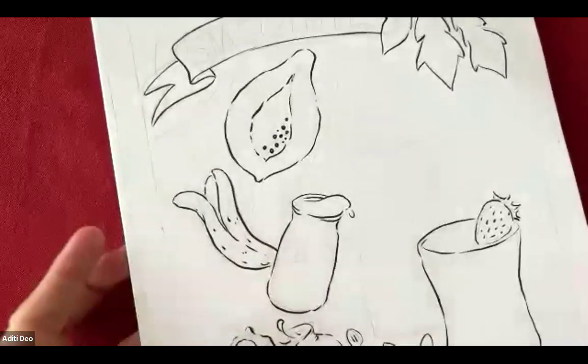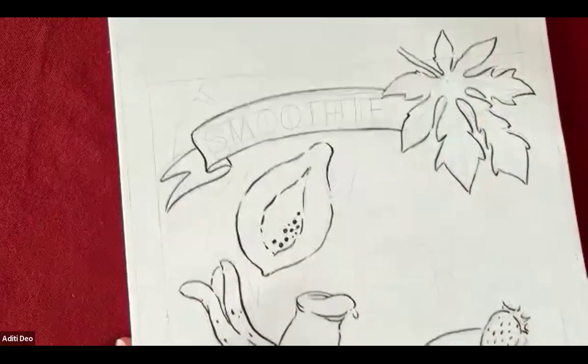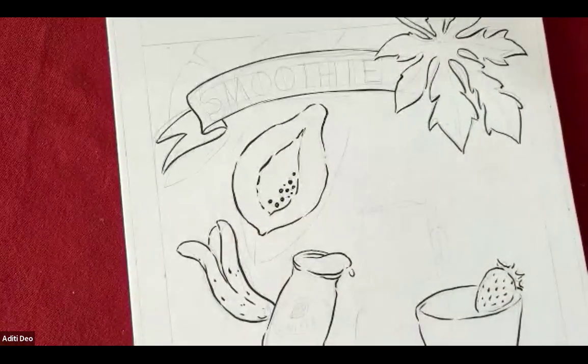Okay, I'm quite happy with this. Although I would have liked my papaya leaf to come underneath the smoothie banner, but it's okay. Now for the blender.